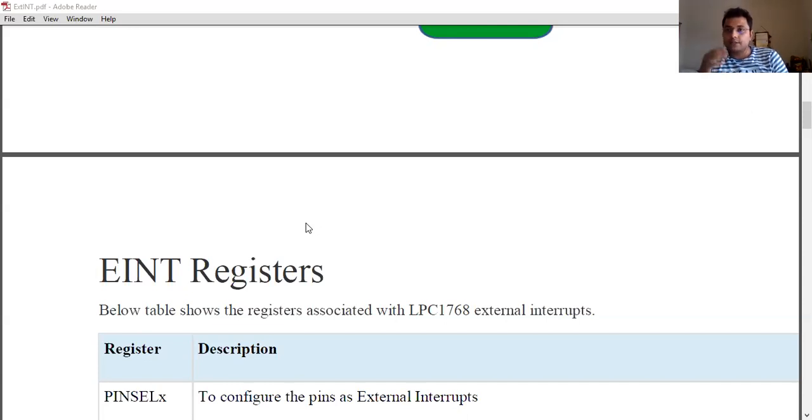That pin, continuously our processor was in search of whether level 0 or level 1 will occur over that pin. So based on that, then our processor has taken actions.